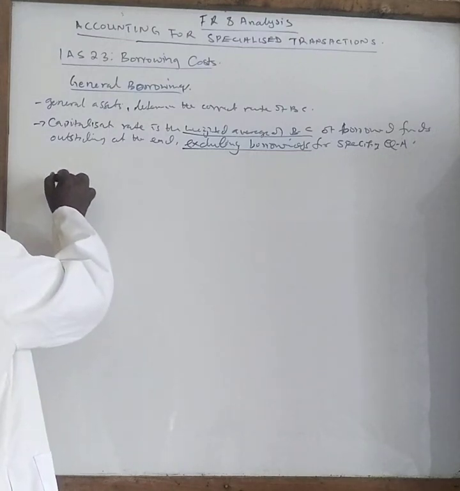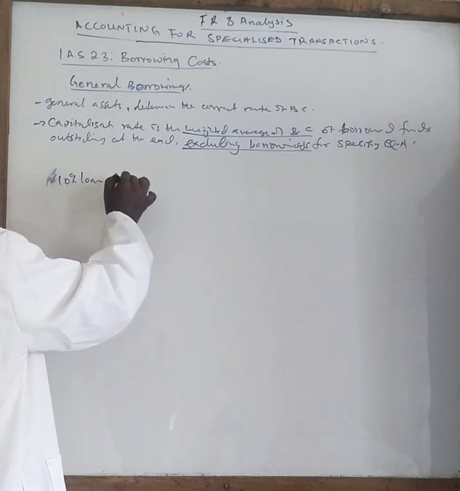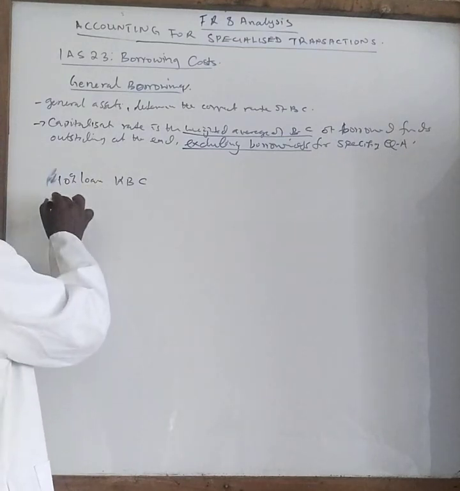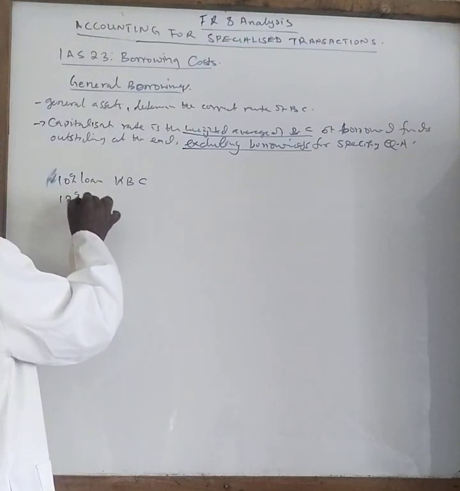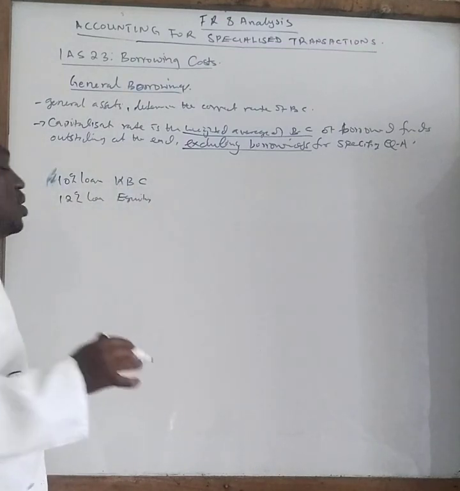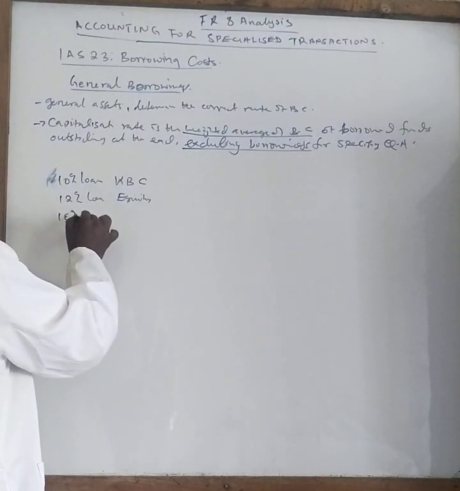We have KCB. KCB has given a loan at the rate of 10%, correct? Then Equity Bank has given us a loan at the rate of 12%. We have also acquired another loan at the rate of 15%. This is ABSA.